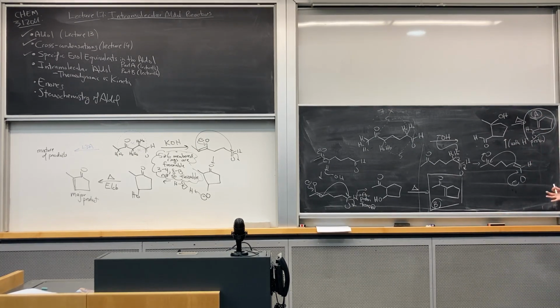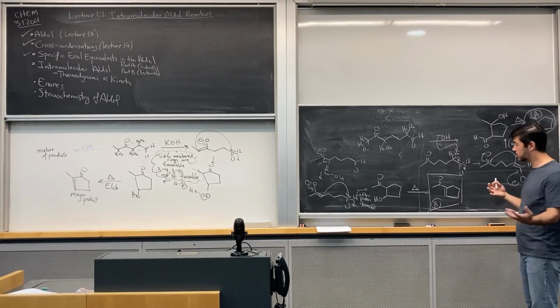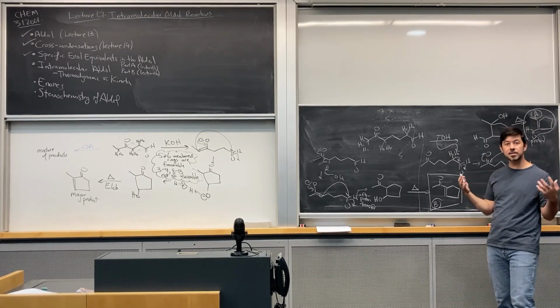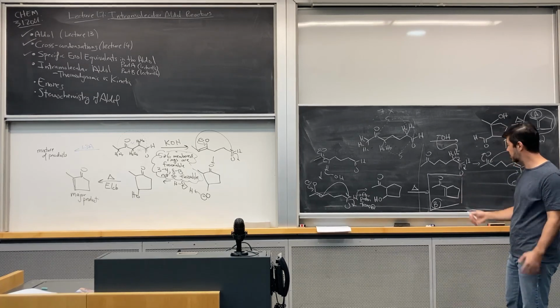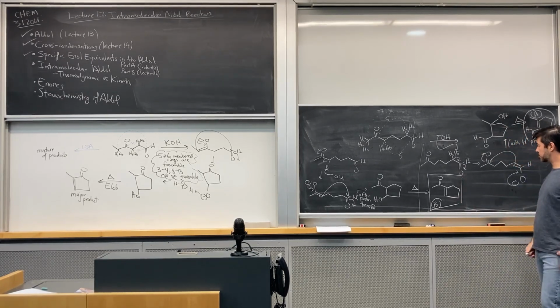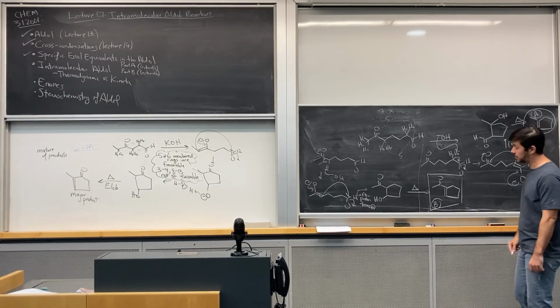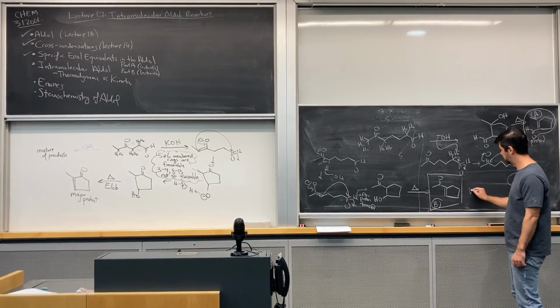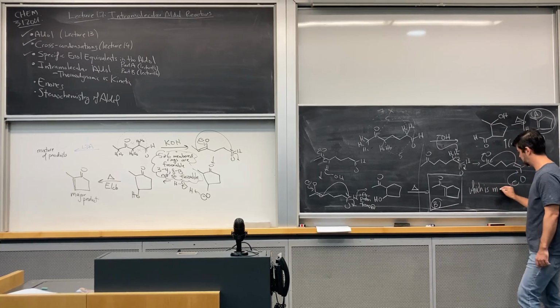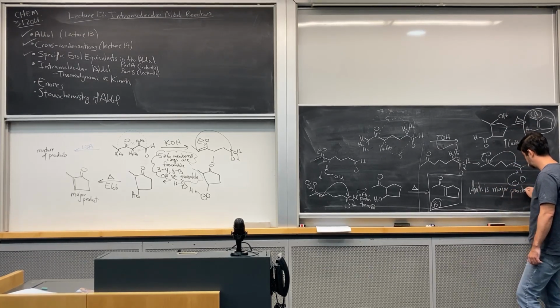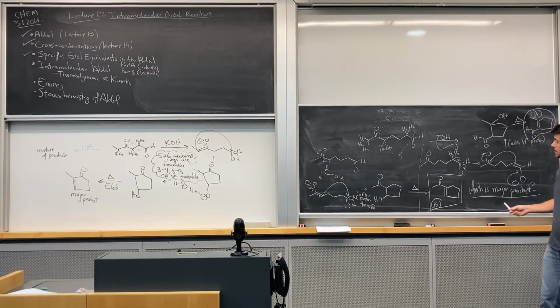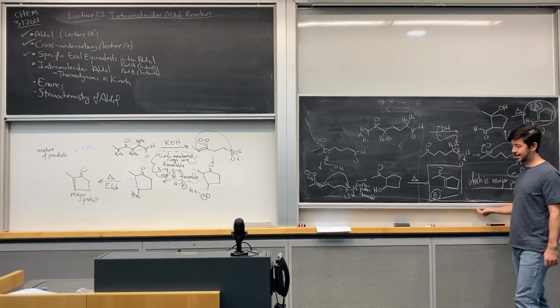So question is, they both look like nice solid structures, 5-membered rings, but which compound is going to be the major compound, major product? Think about that for a second.